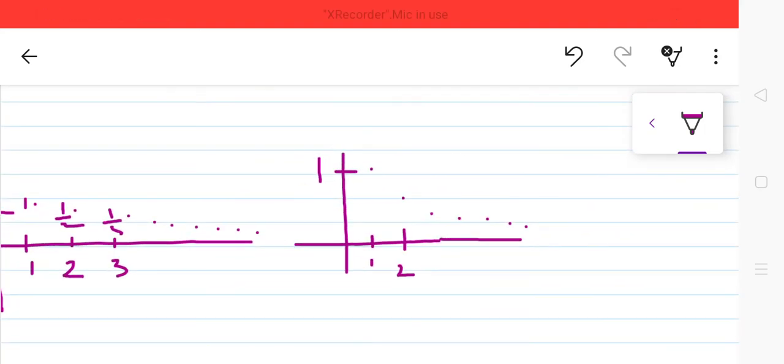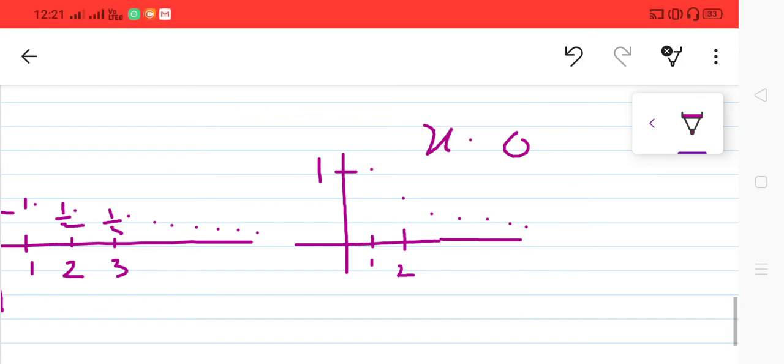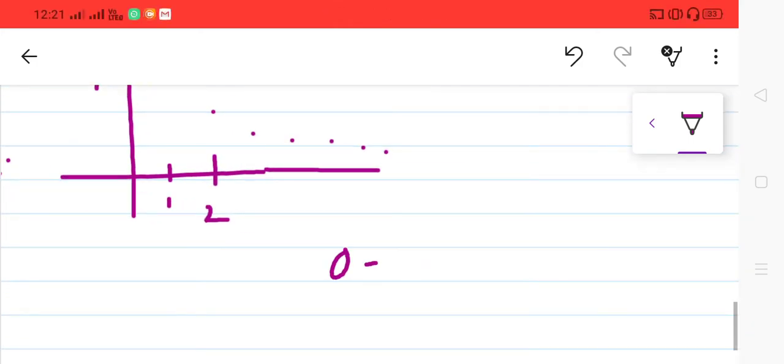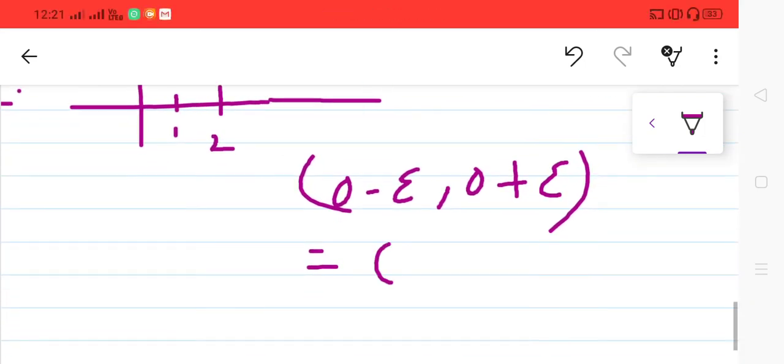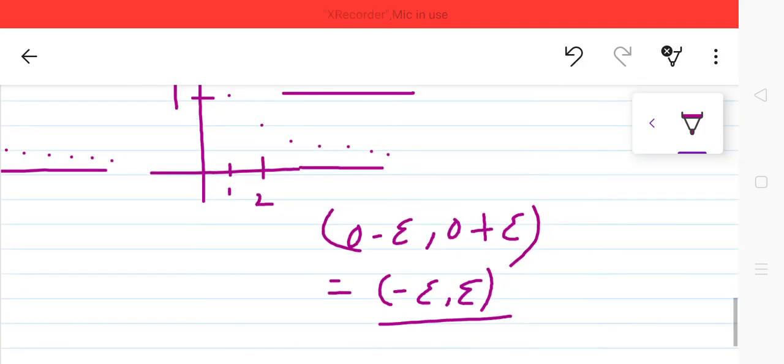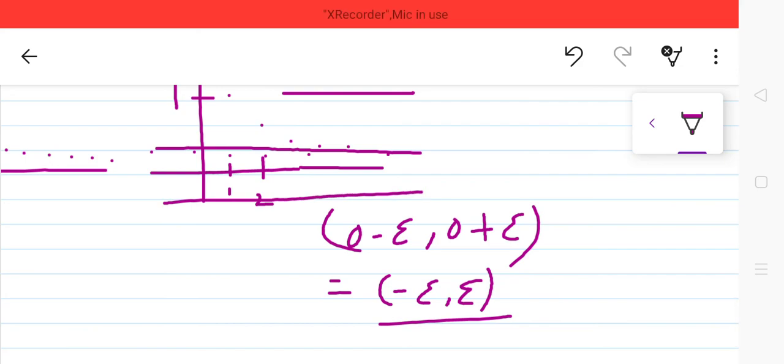If I take 0 as x, then the neighborhood is 0 minus epsilon, 0 plus epsilon, which is minus epsilon to epsilon. Roughly, this is epsilon and this is minus epsilon.